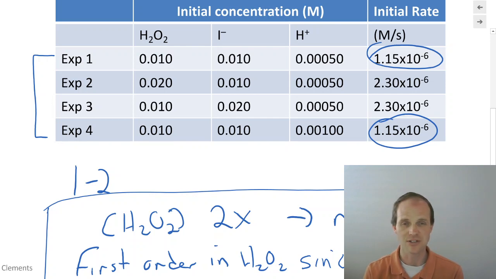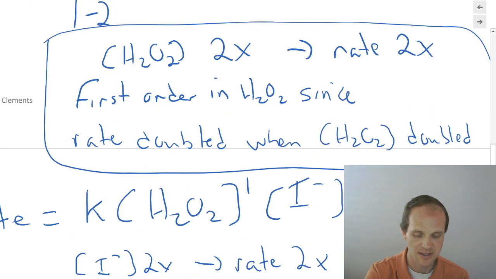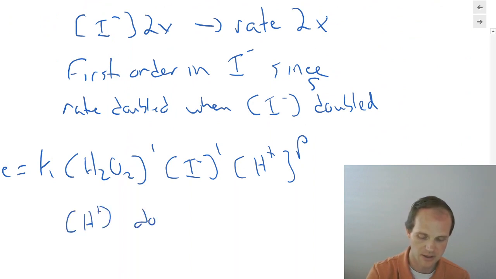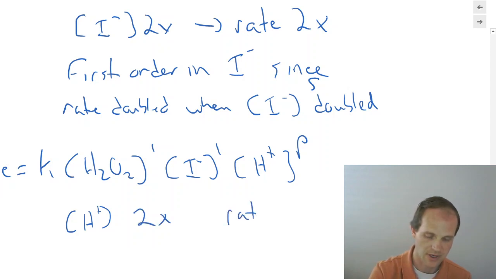And if we change a concentration and nothing happens to the rate, we call that 0 order. And so we can say, when we did H plus 2x, rate was 1x, right? It stayed the same.